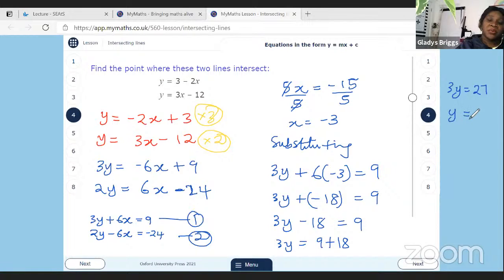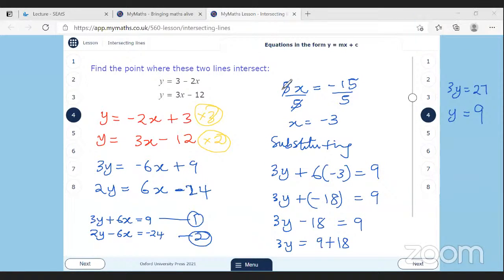And y is equal to 9. Somebody went quickly. How is it 3? I'm happy that you're all watching me and seeing how I'm doing it.